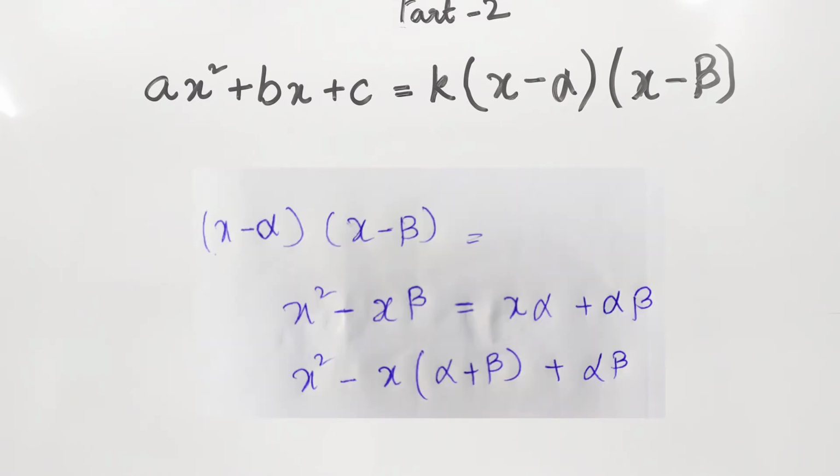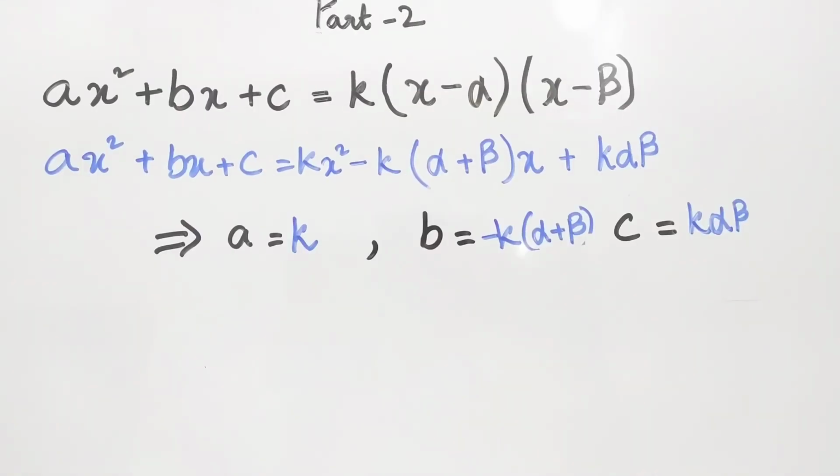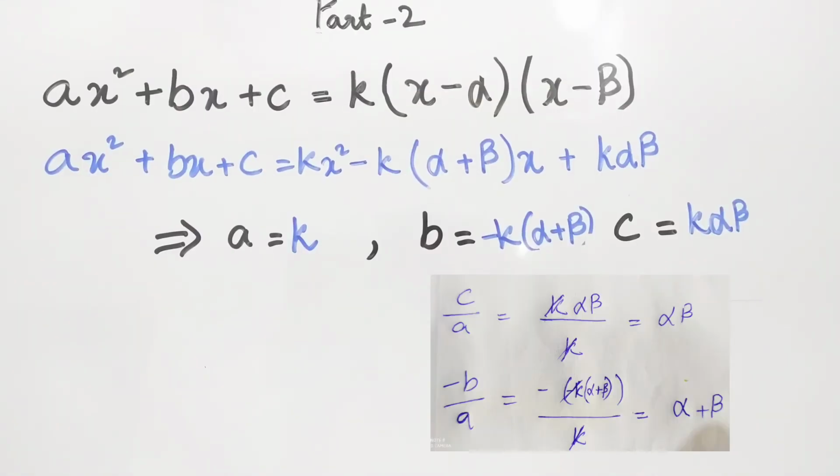Let's open up the brackets. So you'll have ax² + bx + c = kx² − k(alpha + beta)x + k·alpha·beta. Now if you compare the coefficients on the left hand side and the right hand side, what do you get?